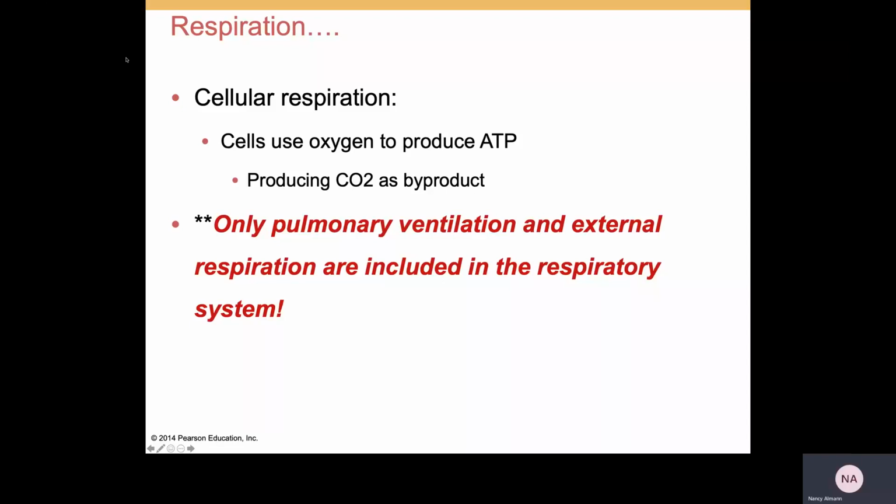We know that cellular respiration is required by more advanced organisms to produce enough ATP to continue to function and live. Carbon dioxide is a byproduct. Only pulmonary ventilation and external respiration are included in the respiratory system. Please remember that forever, not just for this class.